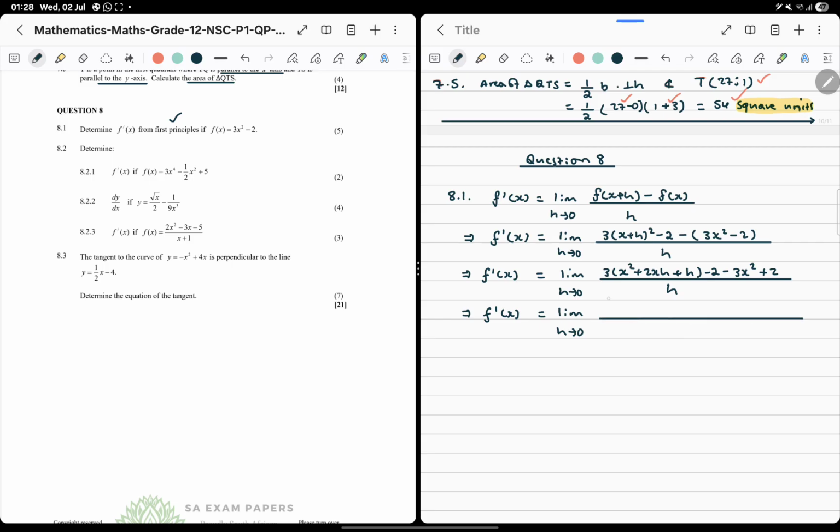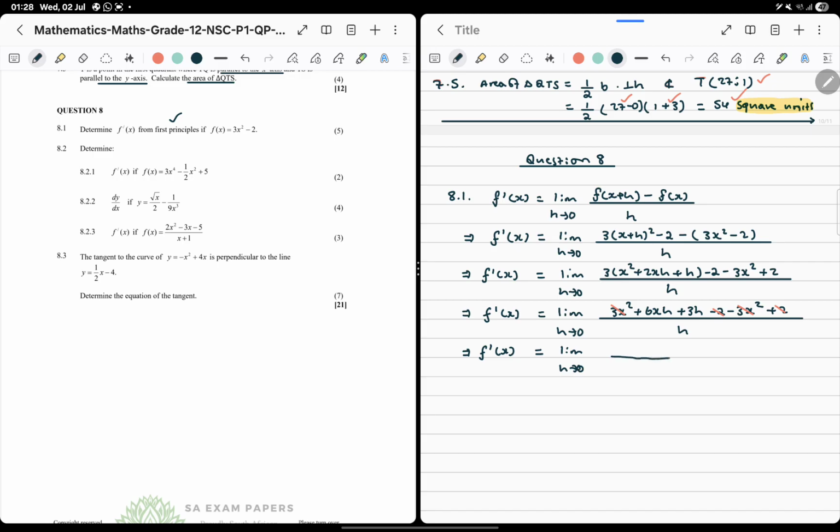We expand further, so this is 3x squared plus 6xh plus 3h minus 2 minus 3x squared plus 2 over h. So this guy and that guy, they cancel out, and that one also follows suit. Okay guys, simplify systematically. Don't rush, don't be impatient, follow the steps.